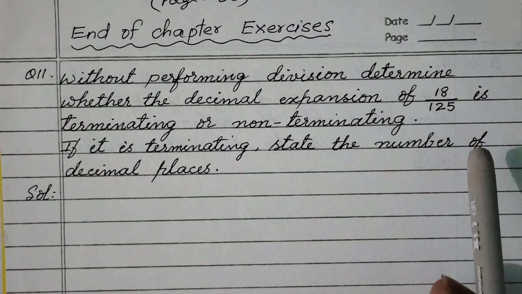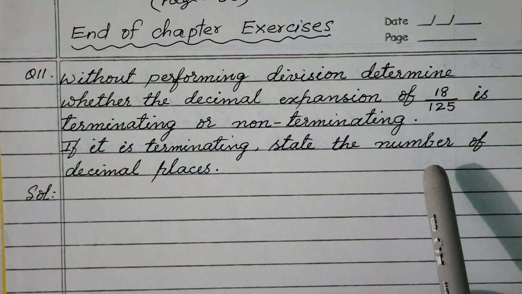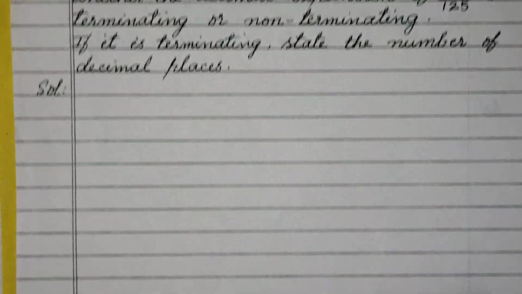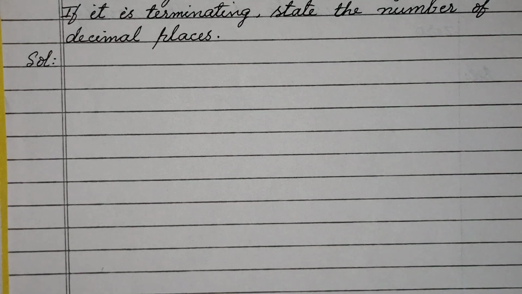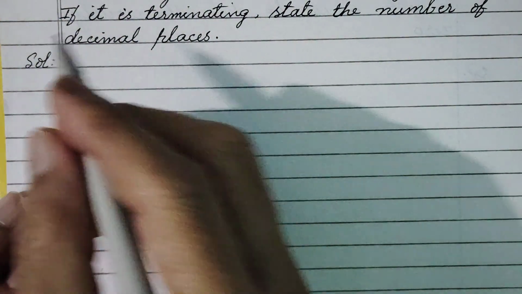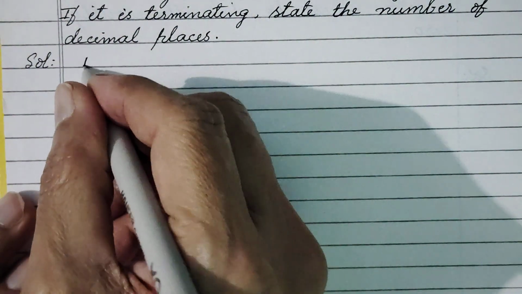Suppose it is terminating, then we have to state the number of decimal places. So we have got 18 by 125.